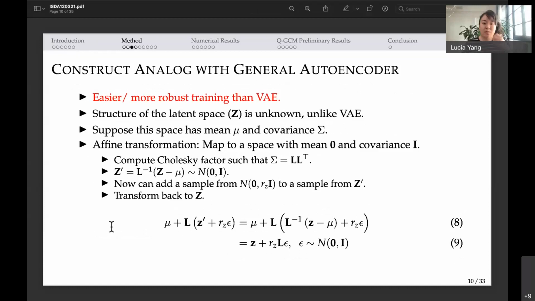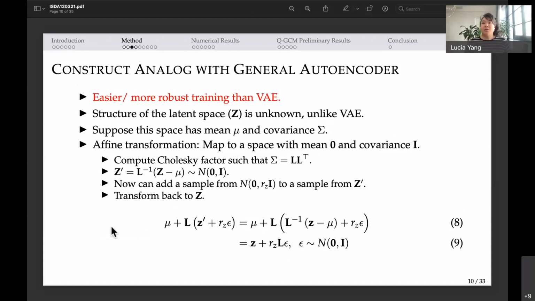And we can also do this with the general autoencoder, but the main challenge is in deciding what kind of noise to add to it, because now we have no idea about what the structure of the latent space is. So what we do is we do a simple affine transformation.